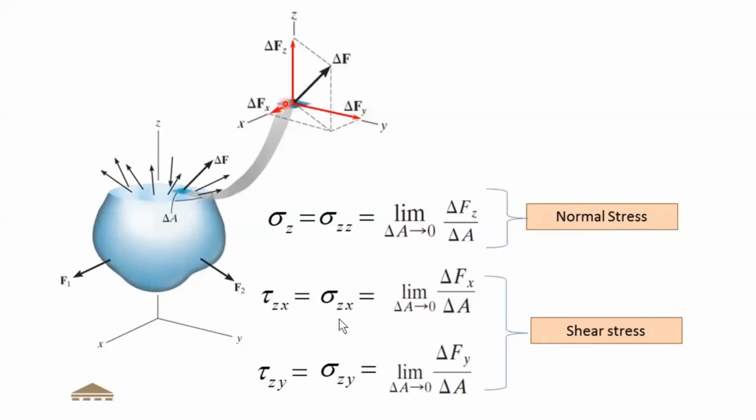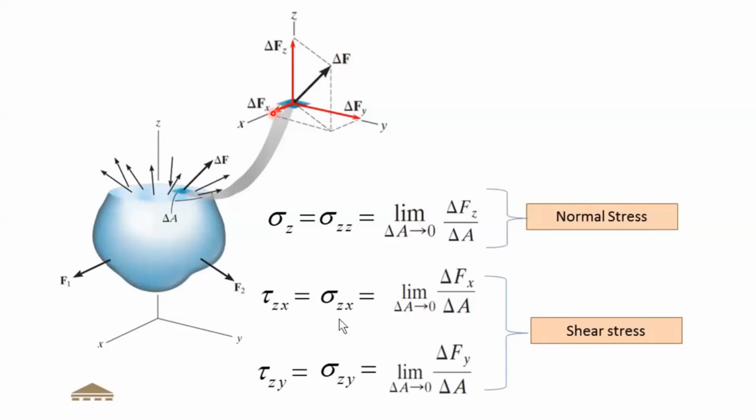So these are the 3 components of this force delta F, which is the internal resisting force acting on this area. This blue color is the small area we have considered in this section.